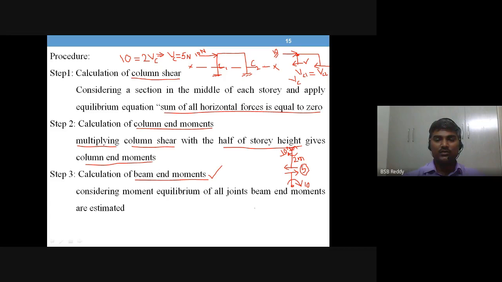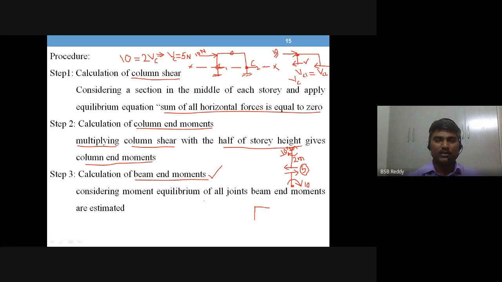This will be done by the free body diagram of the joints. So this is a joint. Why is it a joint? You see there is a point of contraflexure here, there is another one here, there is another one. This is our first assumption. So now you can remove this part and draw a free body diagram. You see this one.